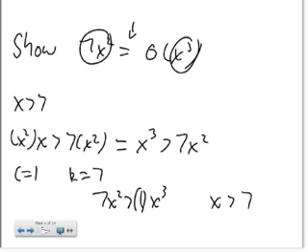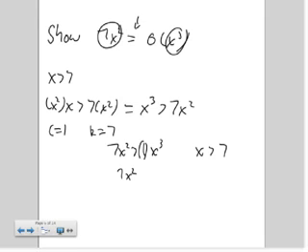And so by the definition, you know that 7x squared is O of x cubed.